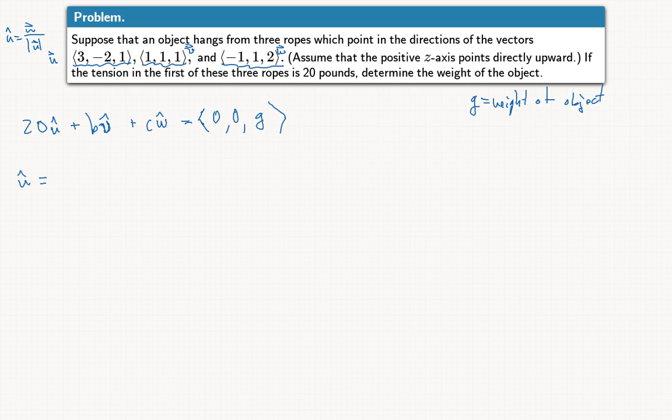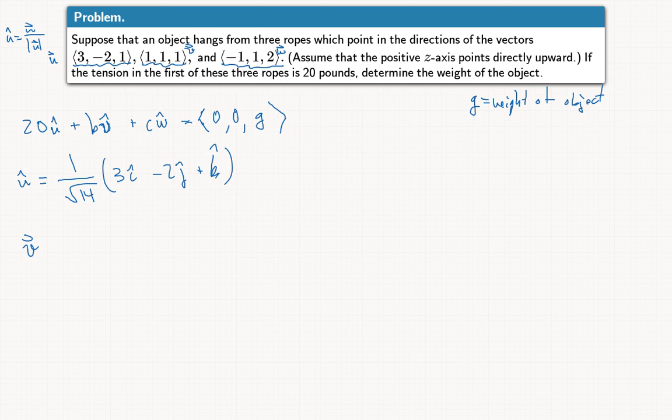So u hat will be, okay, so the length of u is 9 plus 4 plus 1, so that'll be root 14. And then 3i minus 2j plus k. So I'm using this notation for the standard unit vectors.